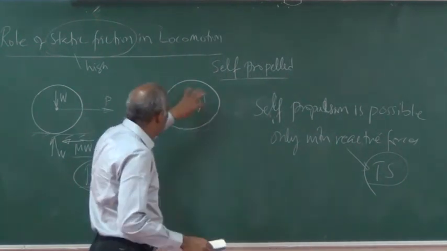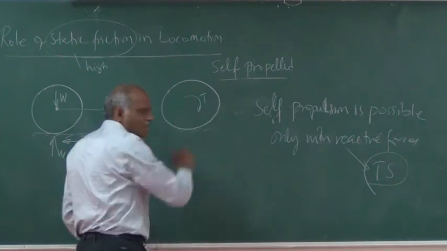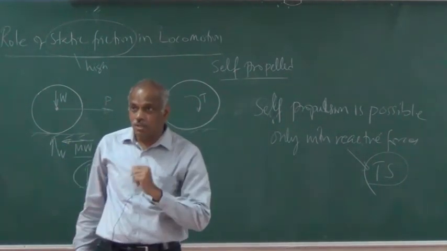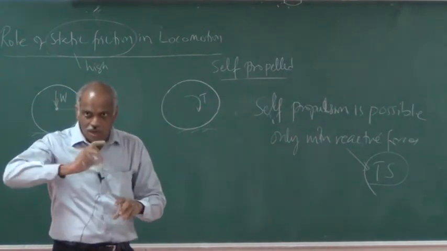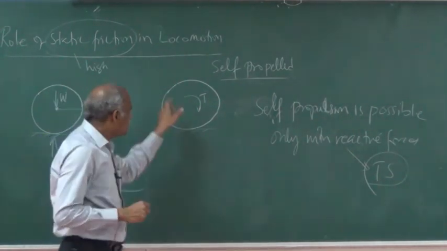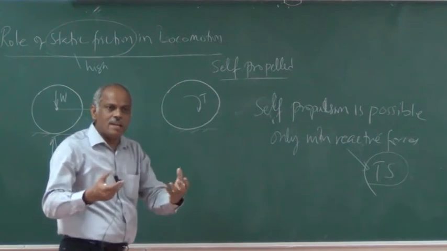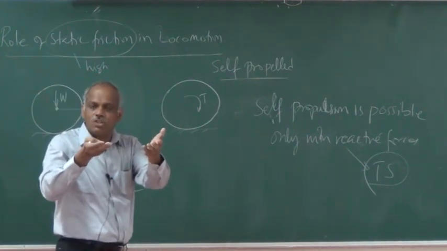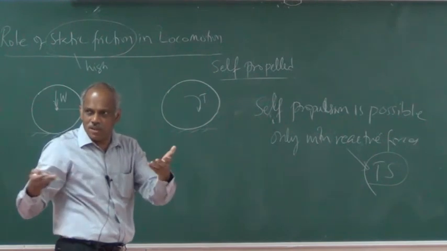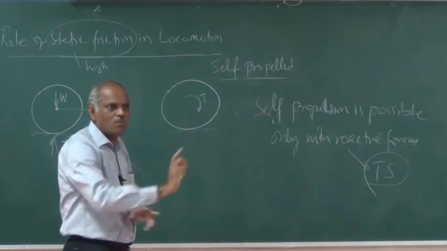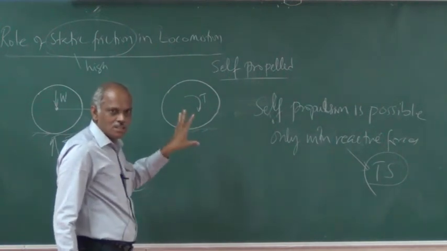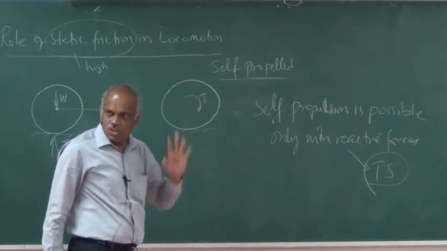So here, what happens? If I apply a torque to the wheels, like the back wheel of your cycle, and I lift the cycle up so the wheels lose contact with the ground, it is not going to move forward. Only when the wheel comes in contact with the ground is forward motion possible.